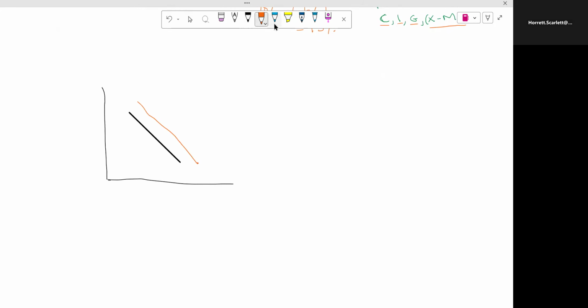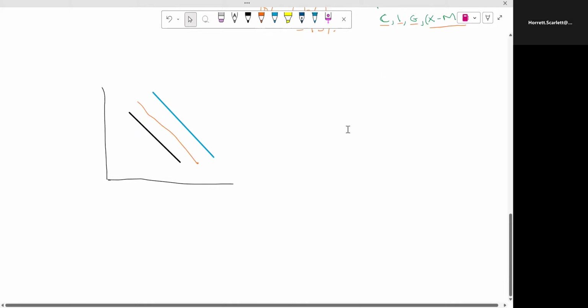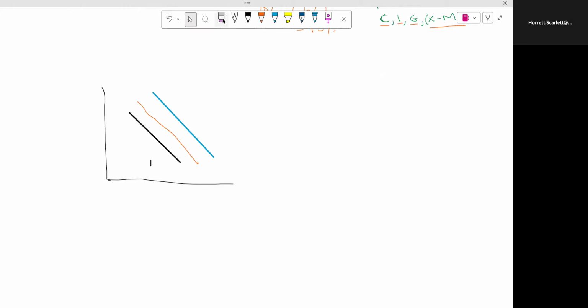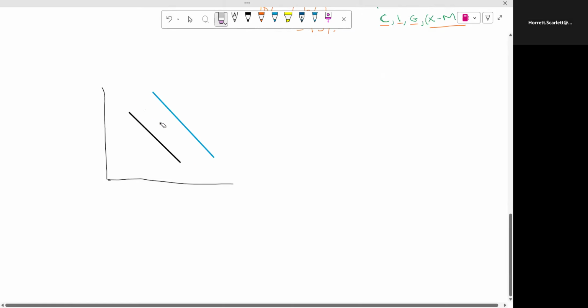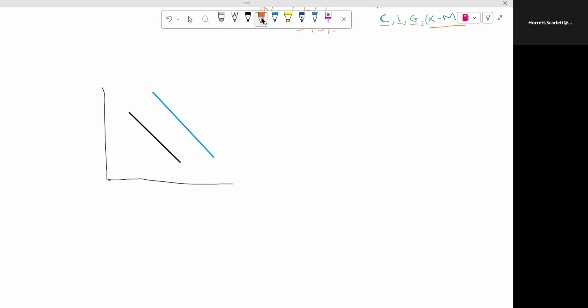That's another line representing aggregate demand. And that's another line representing aggregate demand. So we have three lines. Let me adjust the middle line.